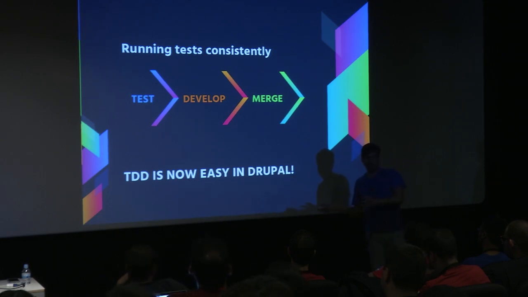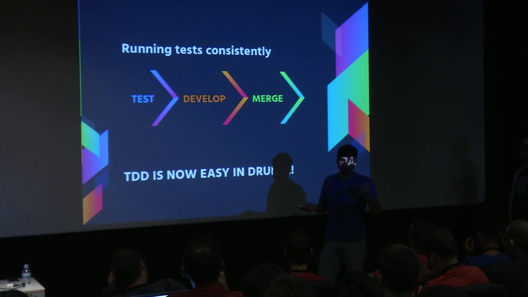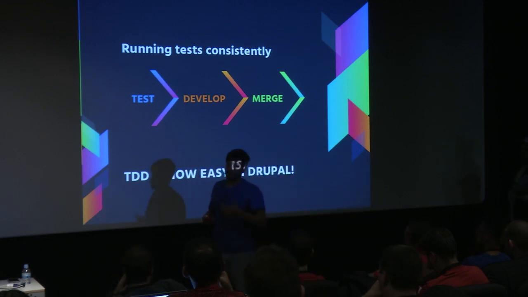First, you create a test, then you implement the code that gives you that feature until it gets green, and then you send it to review and merge. That is actually what I like to call the fast lane for getting a Drupal core patch integrated.